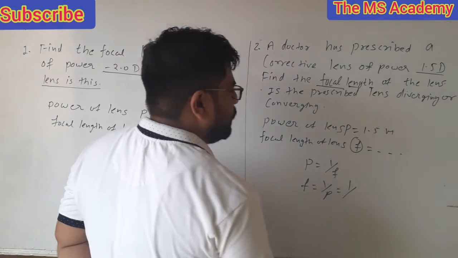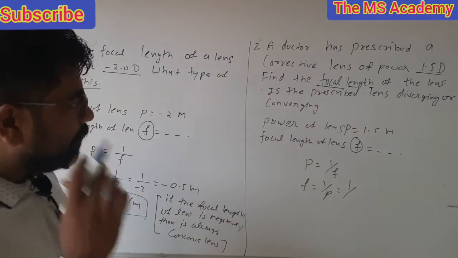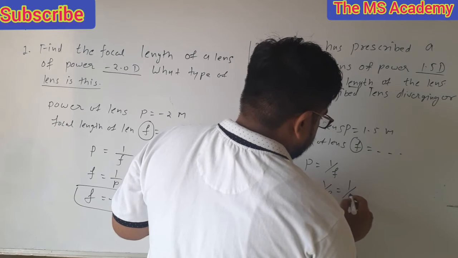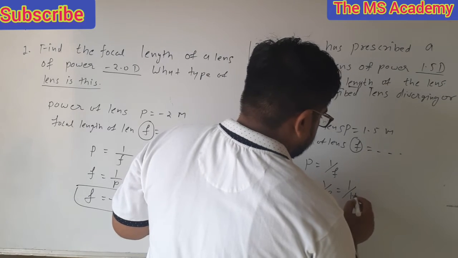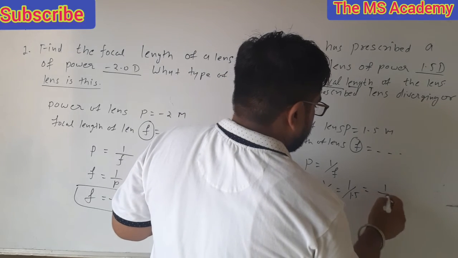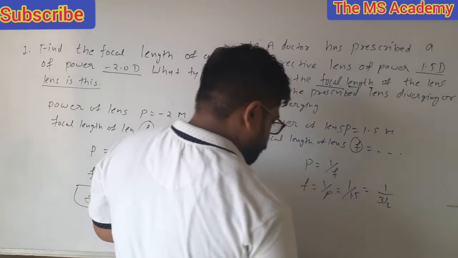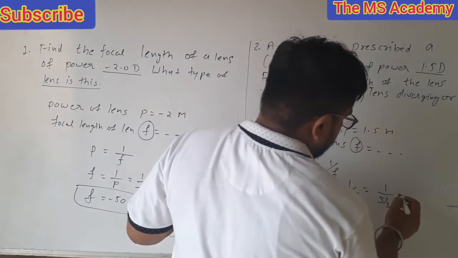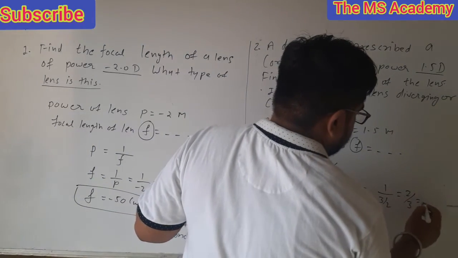What is the value of P? Value of P is 1.5. We can also write it as 3 by 2. 1 upon 3 by 2 means 2 by 3.